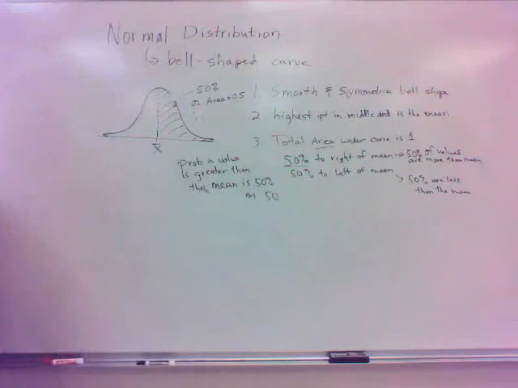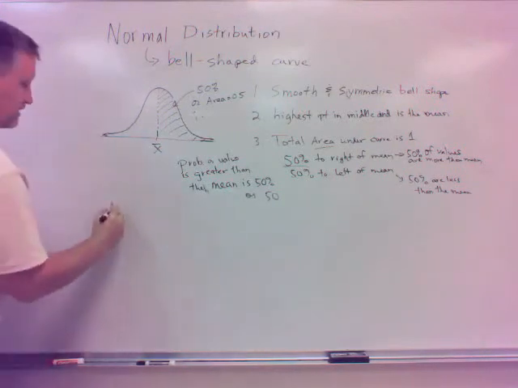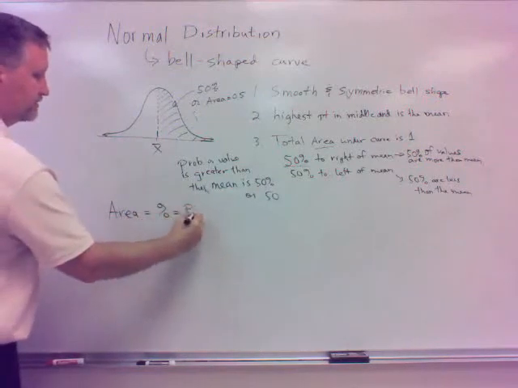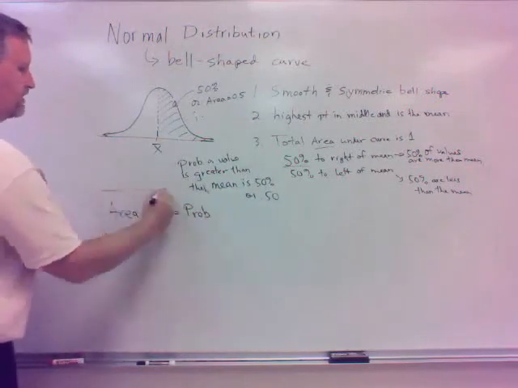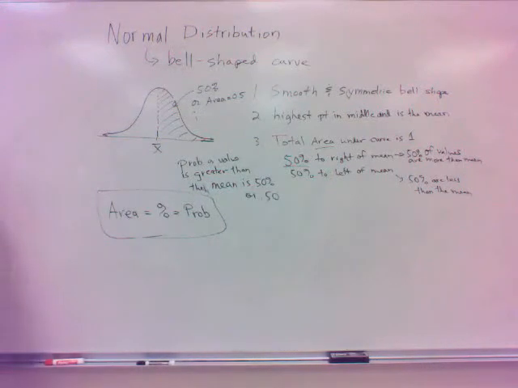Okay? So what I'm getting at here is if a problem asks you for area, it's the same as asking for percentage or probability. Area equals percentage equals probability. Those are all the same. They're all asking the same thing. If we want to find a percentage, we want to find the area under the curve.